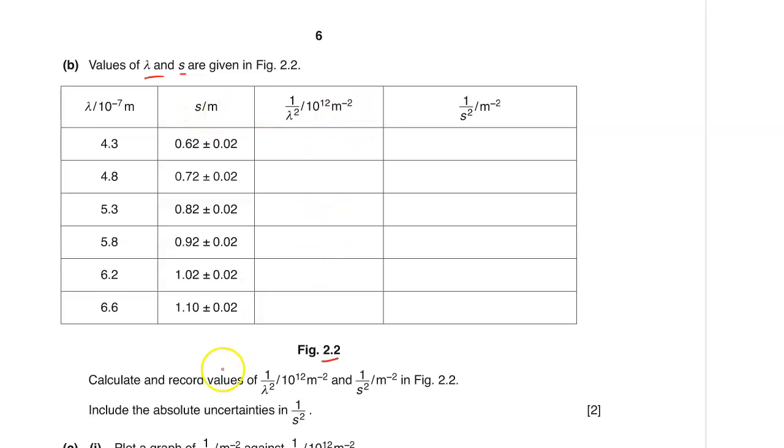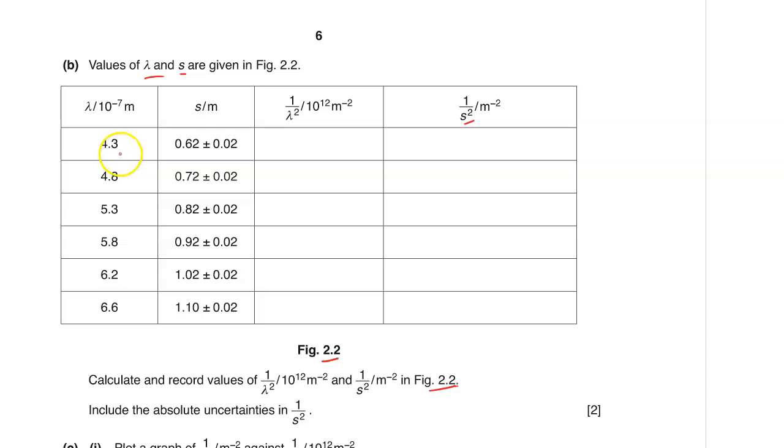Of course, we are told to calculate the values of the reciprocal of lambda squared in 10 raised to power 12 per meter squared, and the reciprocal of s squared in per meter squared. In this figure, we fill these columns here. Include the absolute uncertainties of s. So of course you need to get your calculator, square this, and then find the reciprocal.